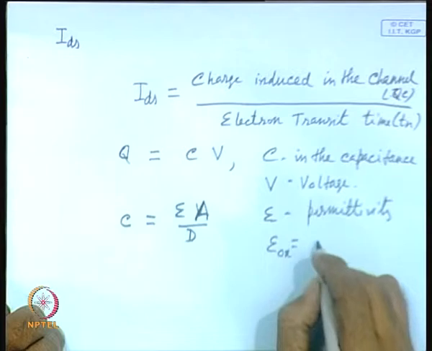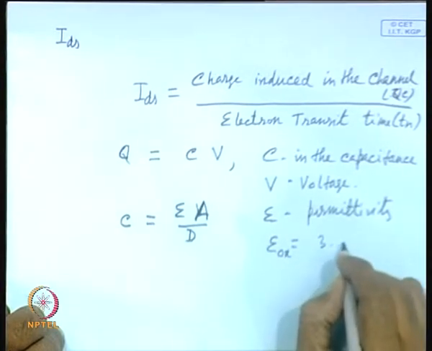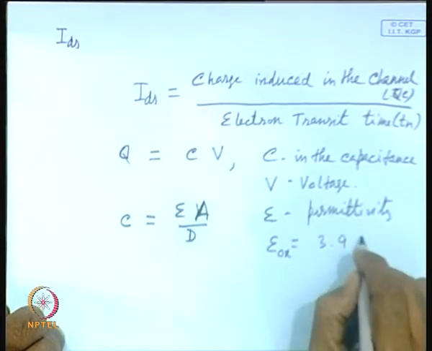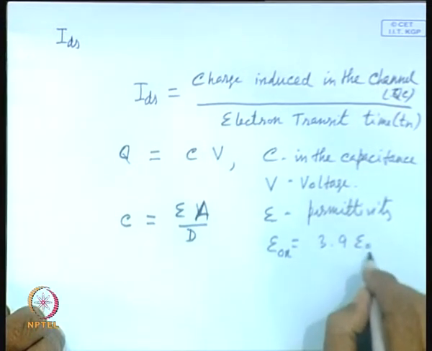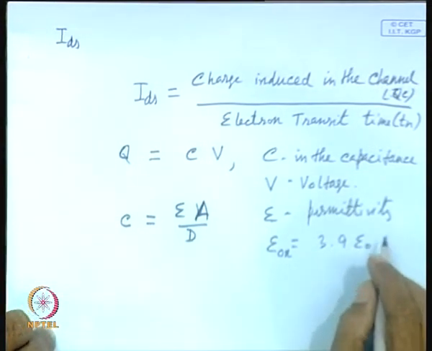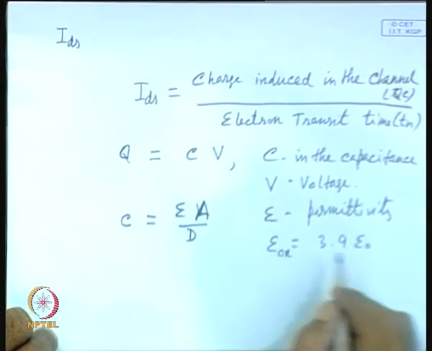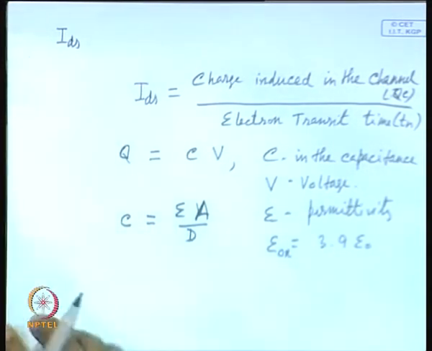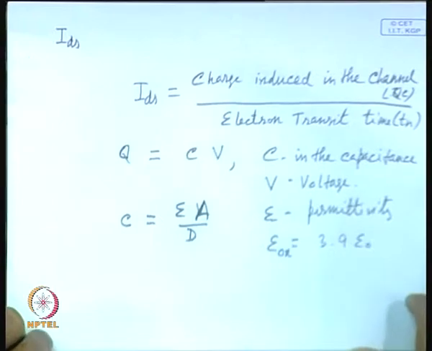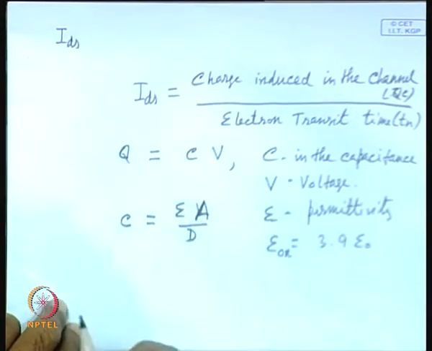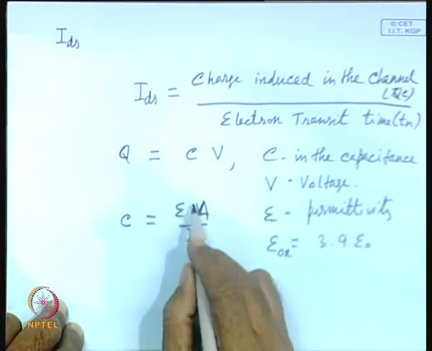So, epsilon OX is equal to approximately 3.9 epsilon 0, where epsilon 0 is the permittivity of free space, and this we shall use to find out the expression for the current. Now, this is the expression for capacitance.